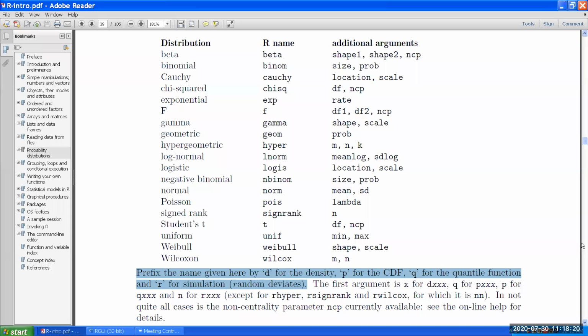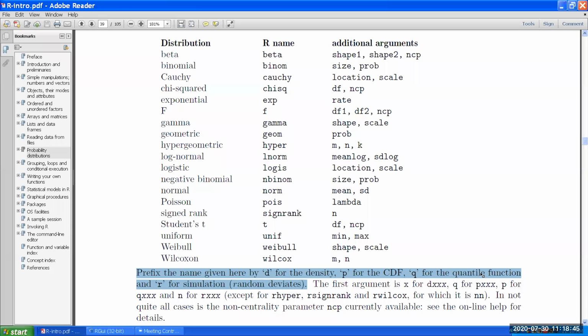Whereas if you use the small p prefix, that will give you capital F of x, or capital P of x. Whereas q is the quantile function. That means you are given the probability that capital X is less than small x, and it will find that small x.